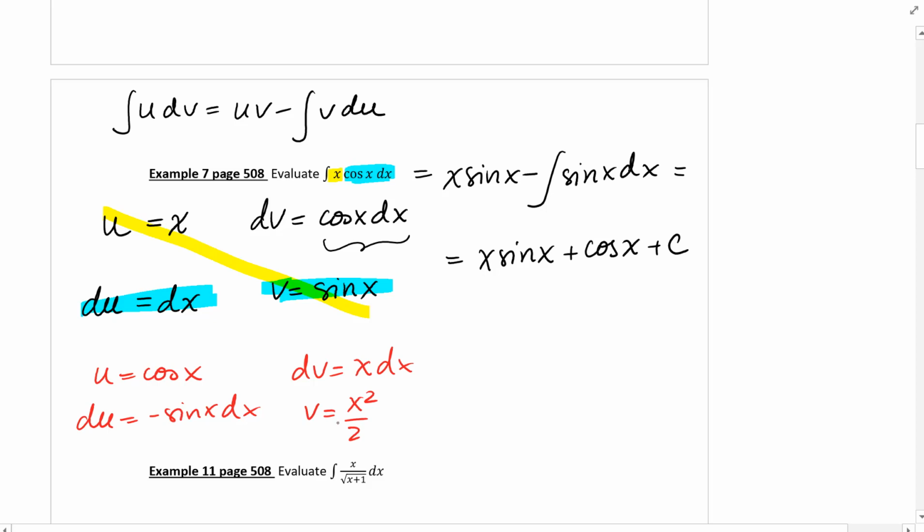So the problem would have been our second term would have been minus the integral of x squared over 2 times negative sine of x dx, so we would have gotten a more difficult integral as our second term than our original problem. So we want to just narrow it down to something that is more basic.